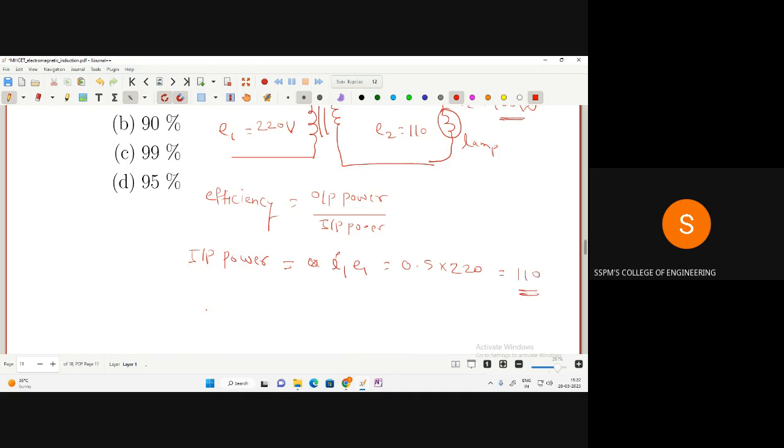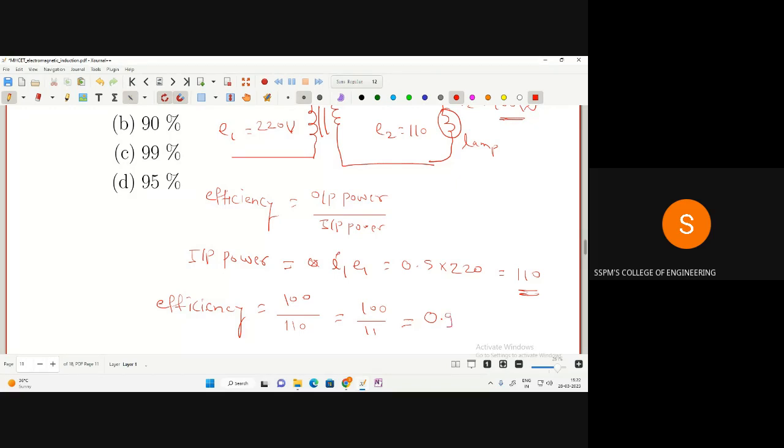Now efficiency is equal to output power, which is 100 watt, and input power is 110. It will be 10 upon 11. Solve this 10 upon 11. See how much it comes to. 0, now add one 0 here. 11 into 9 is 99.